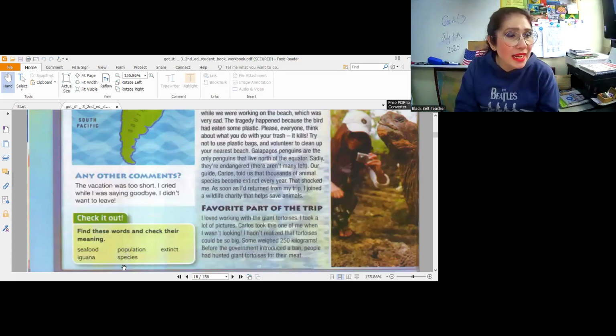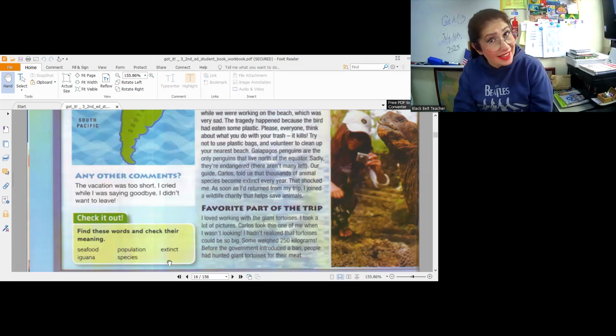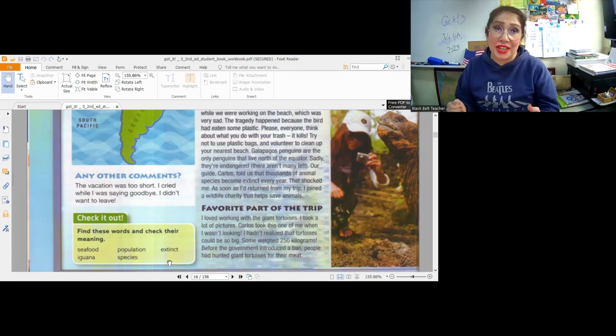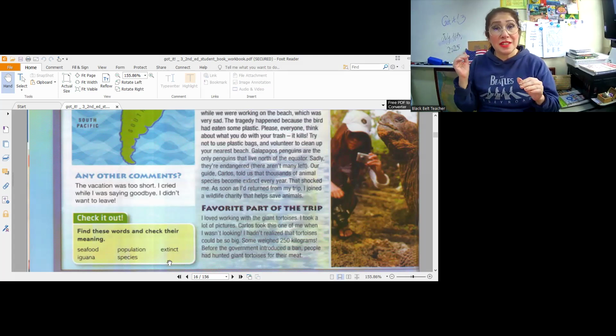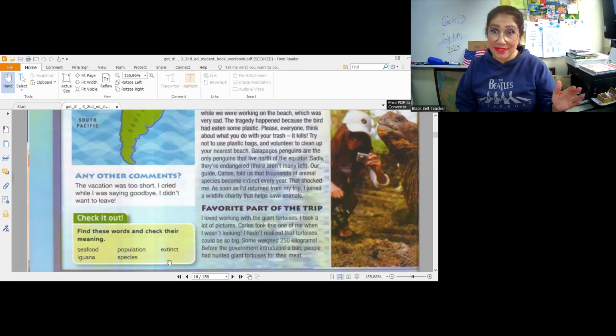Okay, the other one is population. We have a similar word in Portuguese. Species as well. Extinct, yeah. Extinct or in danger. We have species that are in danger and species that are extinct. Extinct means they are gone and we cannot recover that species.